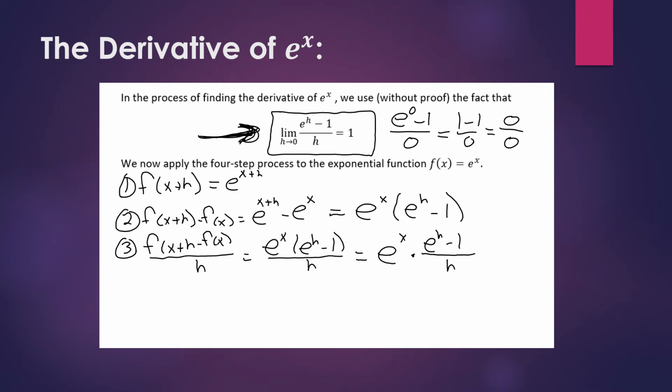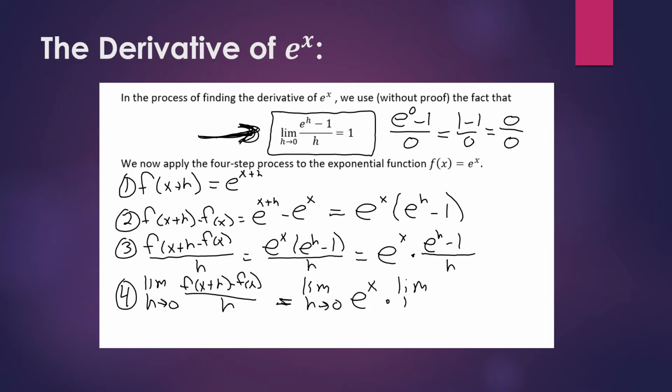And now for step 4, I'm going to take the limit as h approaches 0 of f of x plus h minus f of x all over h. So this will be the limit as h approaches 0 of e to the x times the limit as h approaches 0 of (e to the h minus 1) over h.